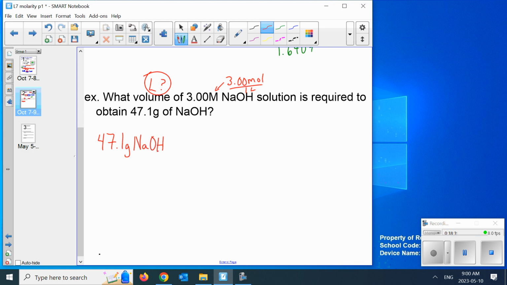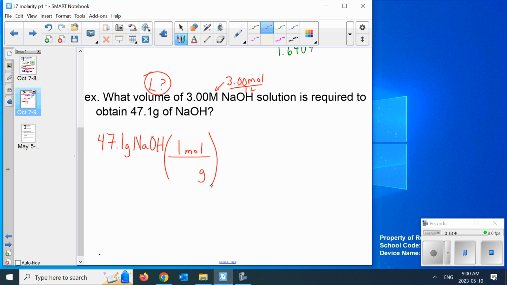I wrote down my measurement. Most often, what do you do in your first bracket? You get rid of what you got and probably get moles in the middle, right? Like the middle bracket, first bracket. So I'm going to get rid of grams, and I'm going to use the periodic table to figure out the grams in a mole of sodium hydroxide.